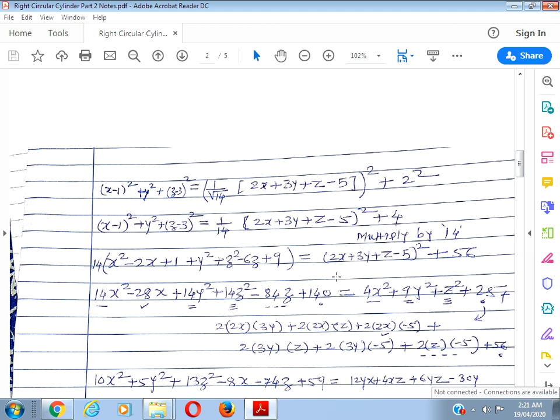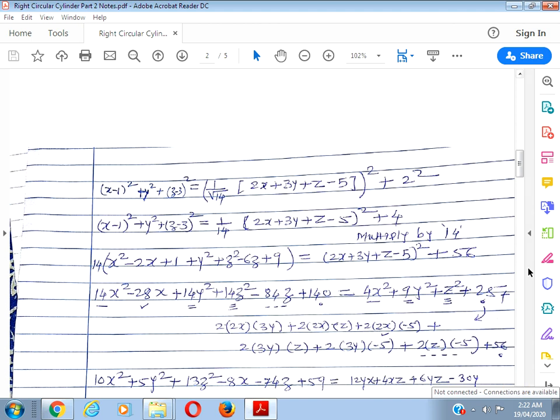Expansion of this term is important because many students commit mistake while expanding this one. The (a plus b plus c plus d) whole square, in the beginning I have written formula: a square plus b square plus c square plus d square, d is minus 5 whole square, plus 2ab plus 2ac plus 2ad plus 2bc plus 2bd plus 2cd plus 56 is already there.